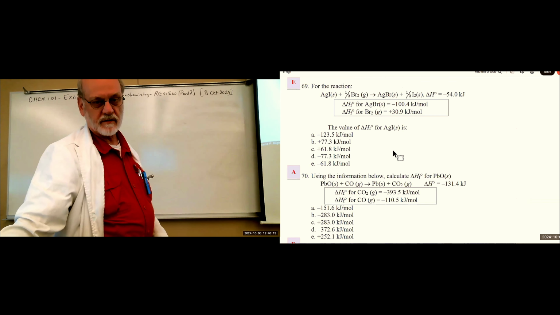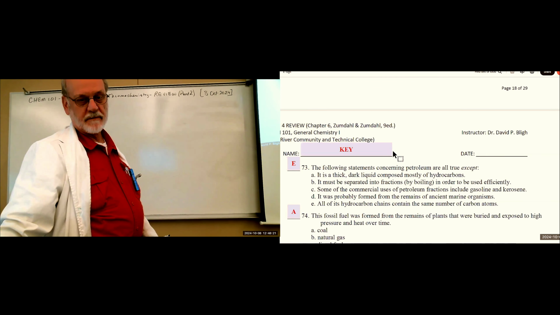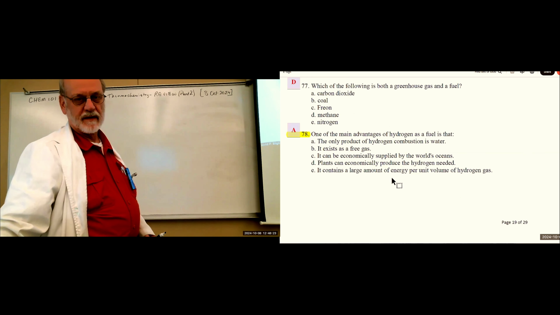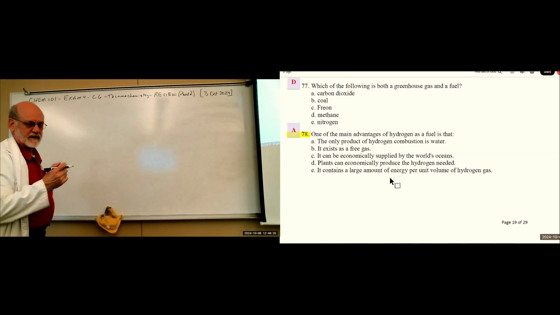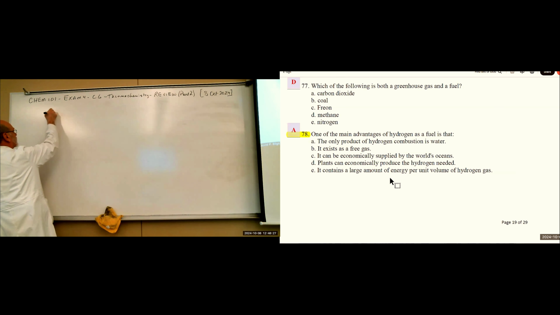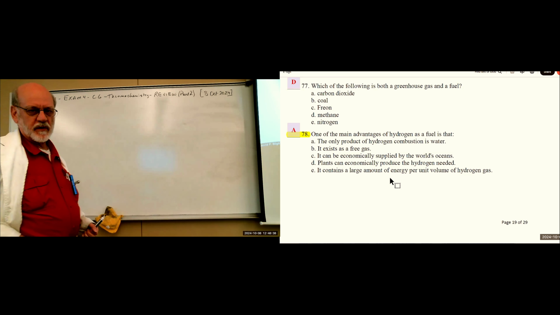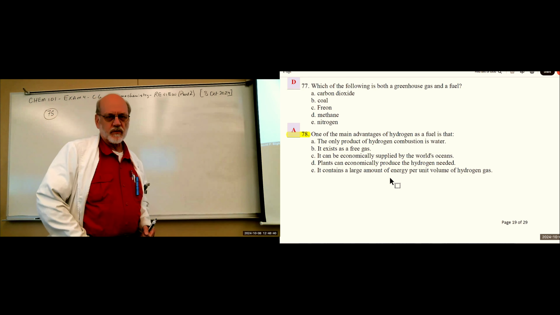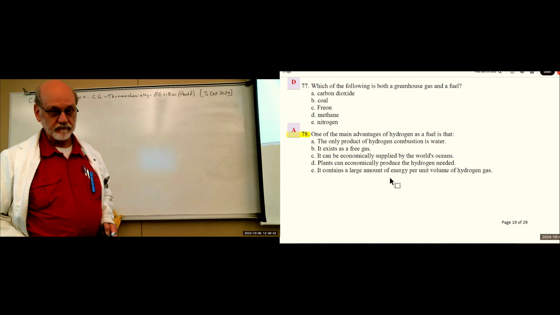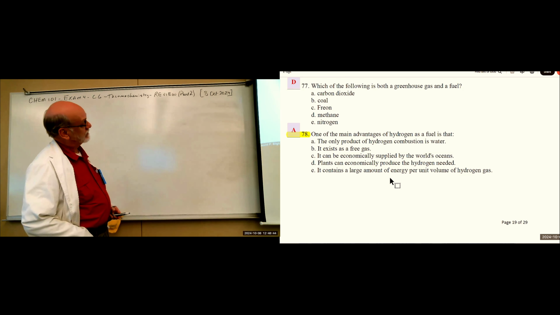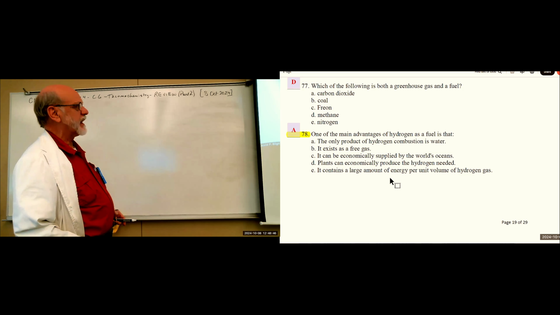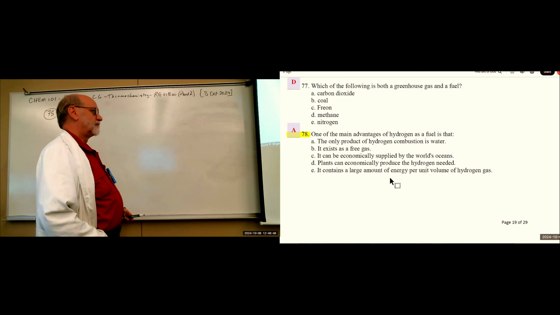And let's see what's next. 78. Okay. Little logic instead of number crunching. One of the main advantages of hydrogen as a fuel is what? Well, we don't have any oddballs in there.